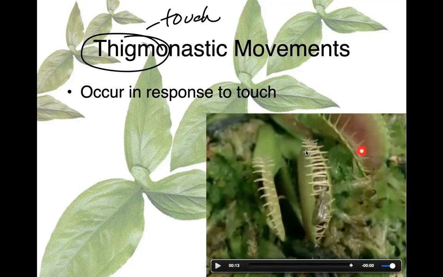It's not going to snap shut, but if several hairs are triggered in a short time, or one hair keeps getting triggered over and over again, then you have a rush of potassium that leaves the cell, which means that water leaves the cells and it makes the two leaves snap shut together.